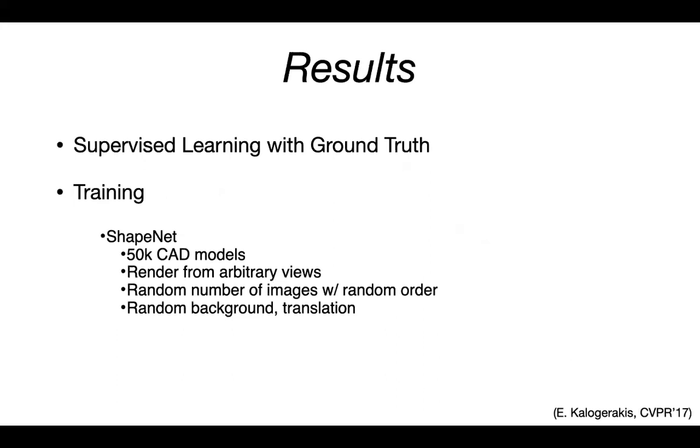And this was done with supervised learning with ground truth, with the images and the occupancy volumes, and it was trained on ShapeNet, because it was easy to do, since we had ShapeNet with different shapes, a big database, with around 50,000 CAD models. And so they rendered the CAD models from arbitrary views.